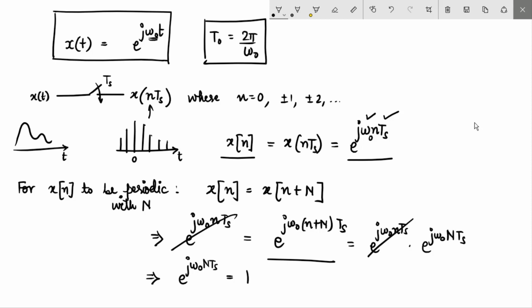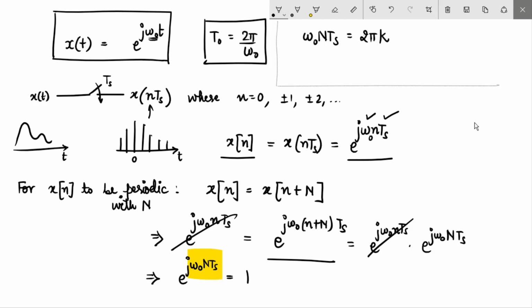This means that this exponent should be equal to some multiple of 2 pi. So I'll continue here. So omega naught capital N Ts should be equal to 2 pi k, for example.